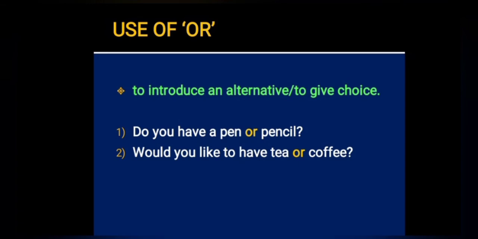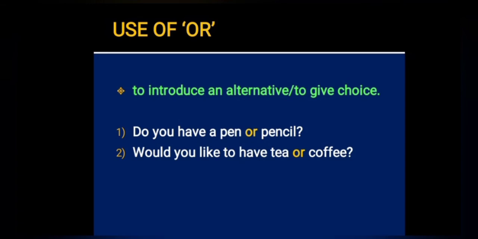Students, if you have noticed, in both the sentences where we have used the conjunction "or", we have given equal importance to the words or sentences. So, this is the speciality of the conjunction "or".